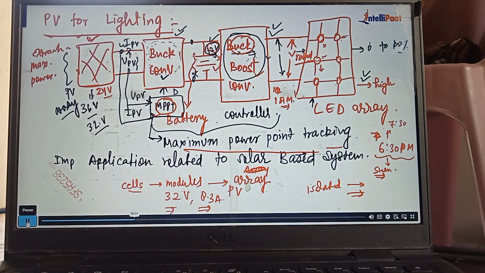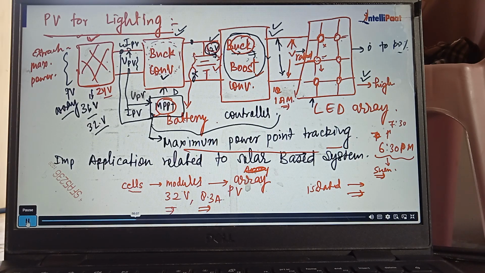But on a pathway where people are mostly roaming until 10 or 11, we can control the intensity. It is not that the light will be completely off. Some intensity of light will be there. It will not be completely dark with the LEDs shut down. So that is the application we can utilize. But yes, on a highway we cannot utilize it, obviously.